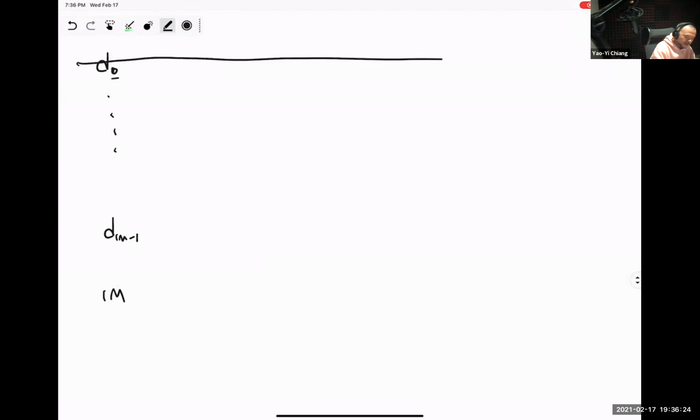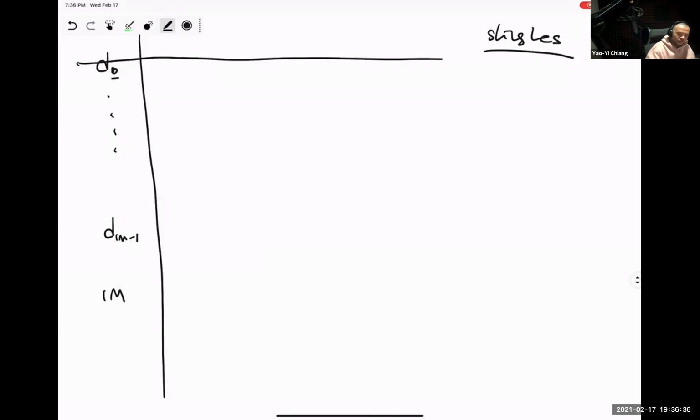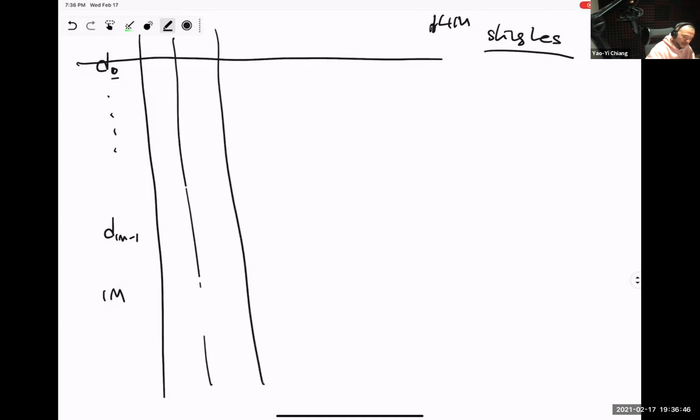Remember we talked about this matrix? Now each document is represented by shingles. Okay, and we say if we use 5 shingles, we probably have 14 million different shingles. How do we represent shingles in the matrix? Well, easy. You just start from shingle 0, shingle 1, shingle 2 to shingle 14 million.